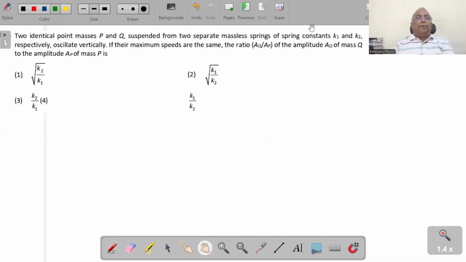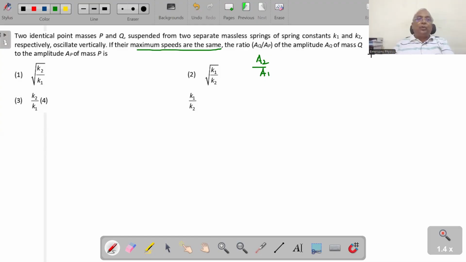Two identical point masses P and Q suspended from two separate massless springs of spring constants K1 and K2 respectively oscillate vertically. Their maximum speed is the same. This is the main point. The ratio of AQ by AP. The question asks for A2 by A1; we must read and understand.